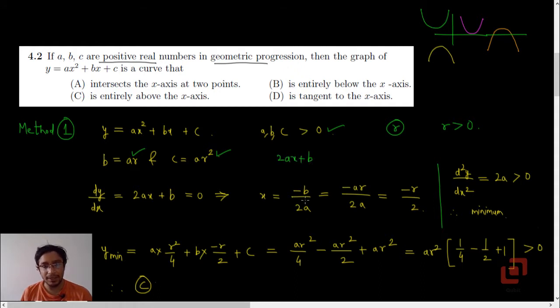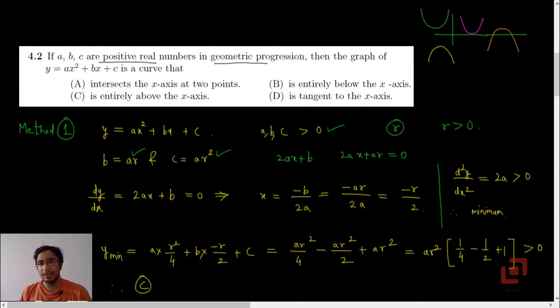But what is b? b is ar, right? So we will get the equation 2ax plus ar equal to 0, if at all we are interested in the extreme value of the function.